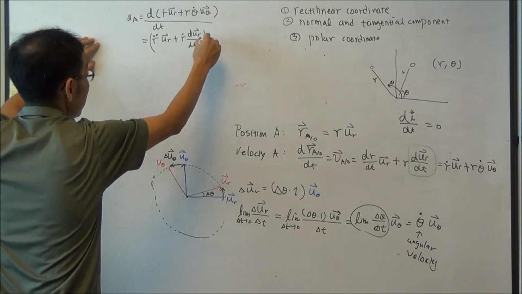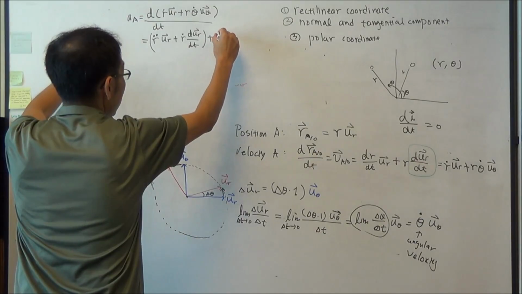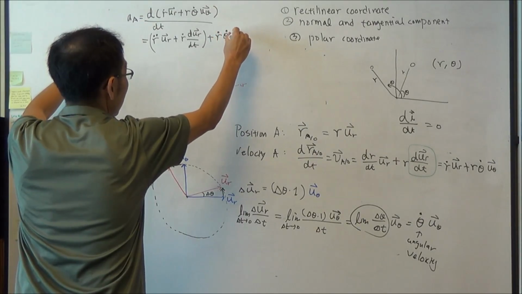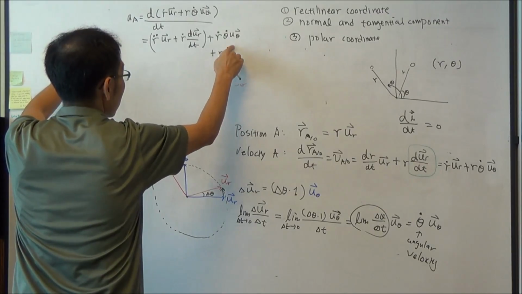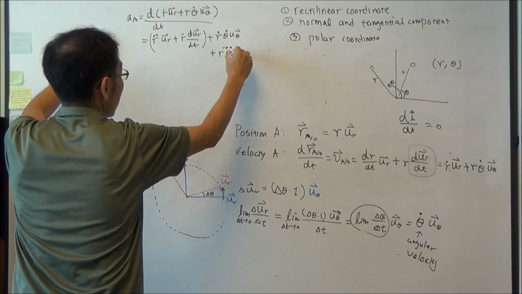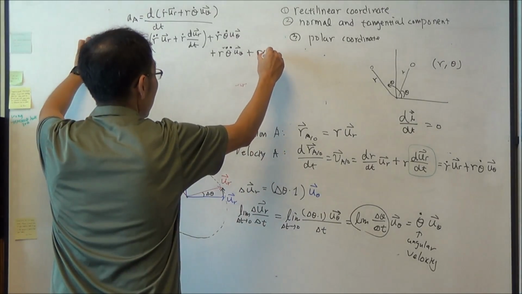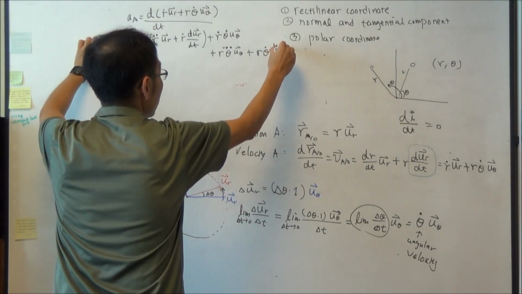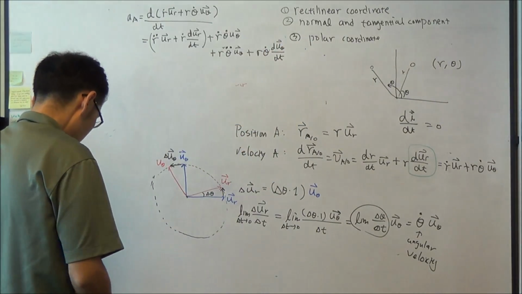That's my first term. And the second term, R dot theta dot U theta plus R theta double dot U theta, and then R theta dot dU theta over dt.